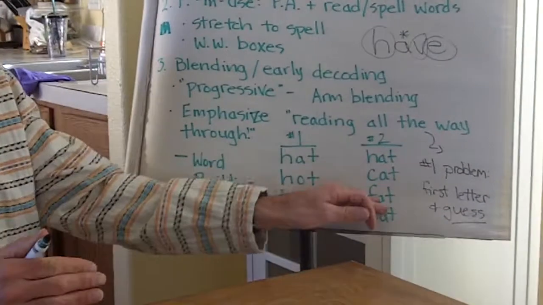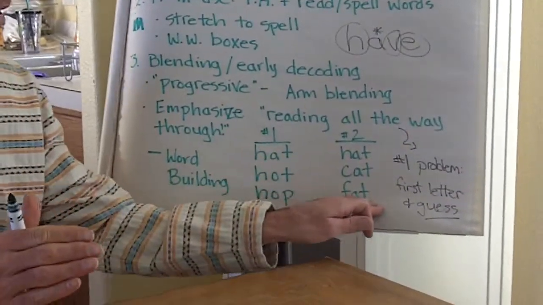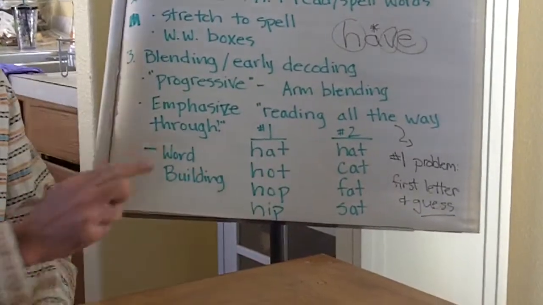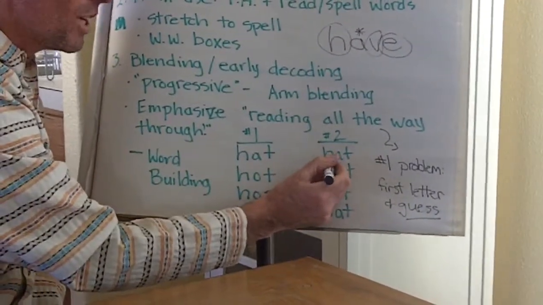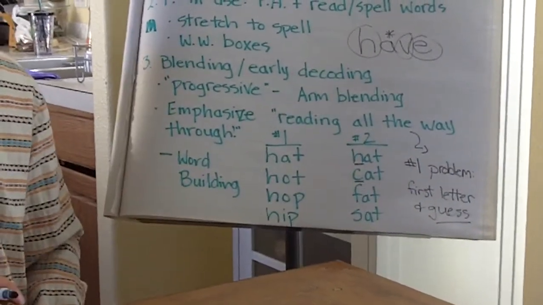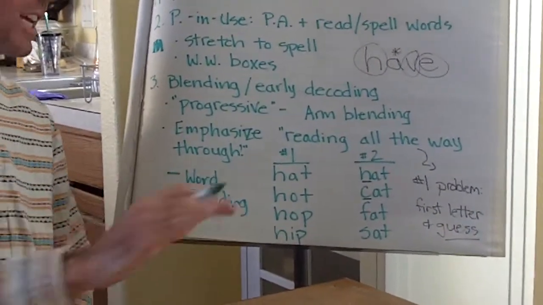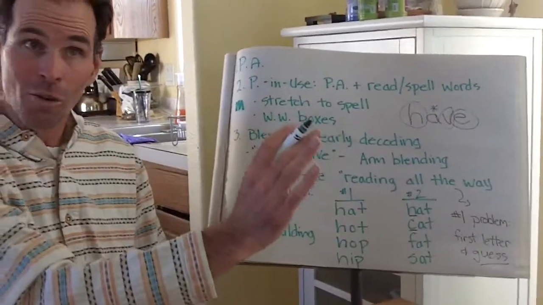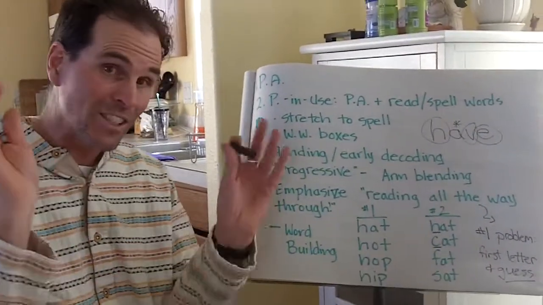Uh-oh, I've already lost them. They already know that the latter part of the word is at. They don't even have to look at it anymore. All they have to do is sound that initial consonant and then say at. And so we're actually teaching towards the problem, which is look at the first letter, tune out the rest of the word, and in essence guess.